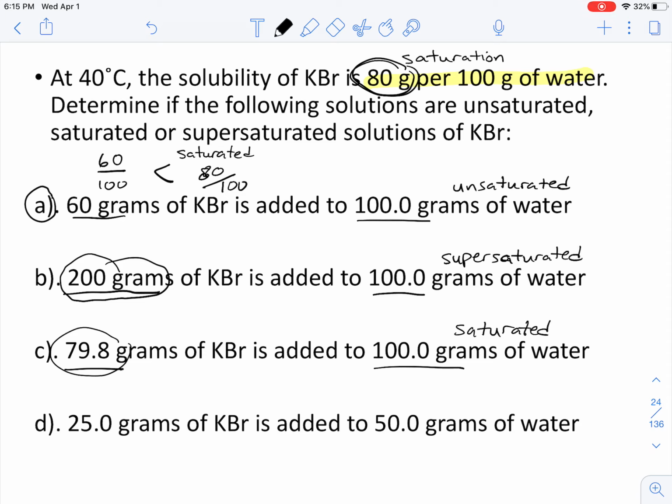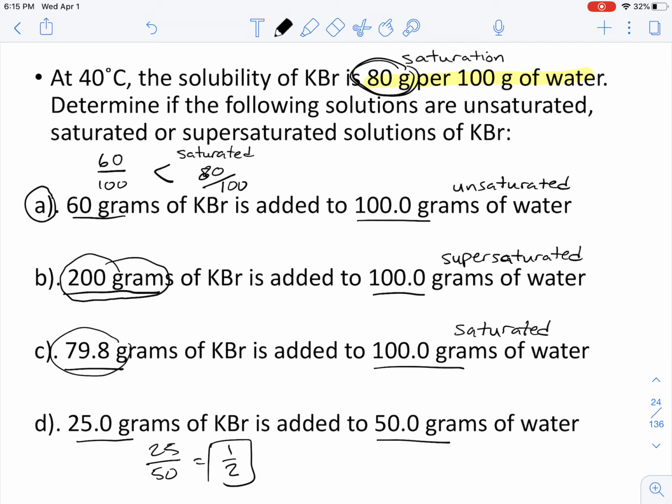So last but not least, for part D, we have 25 grams of potassium bromide, and that's going to be added to 50 grams of water. And so here in this case, we have 25 over 50, which is essentially 1/2 if you reduce that down.